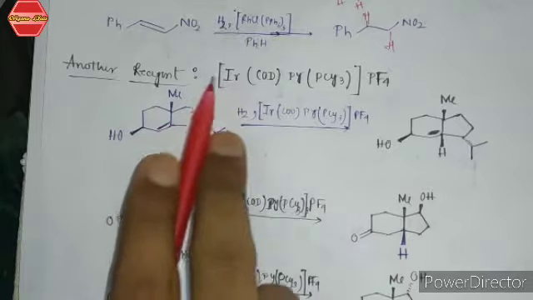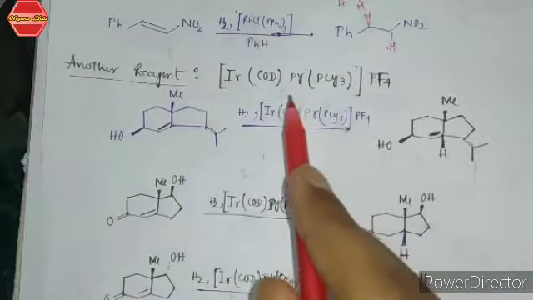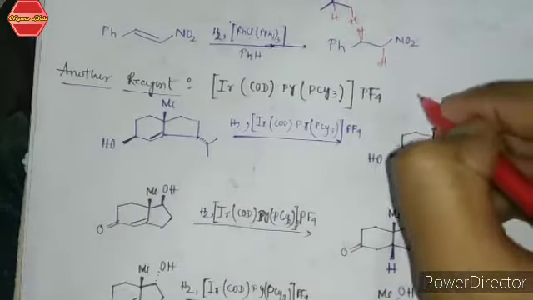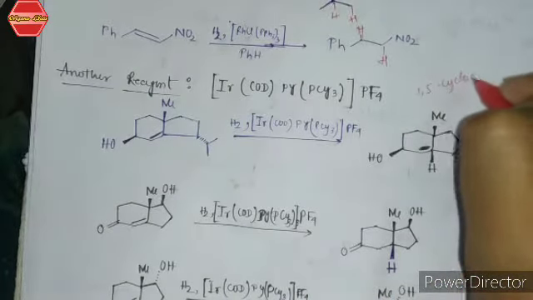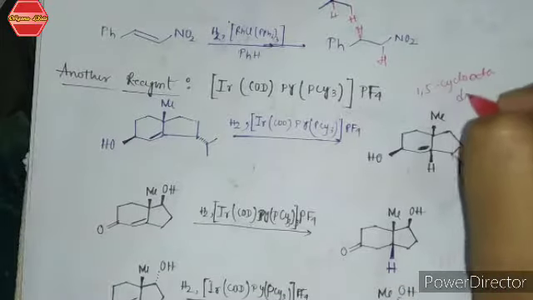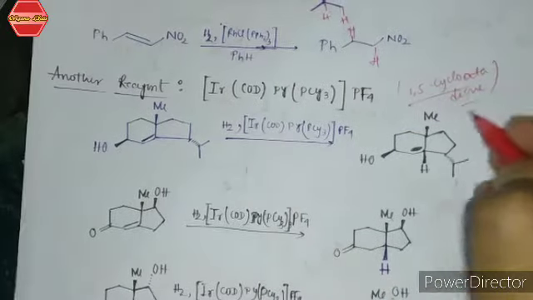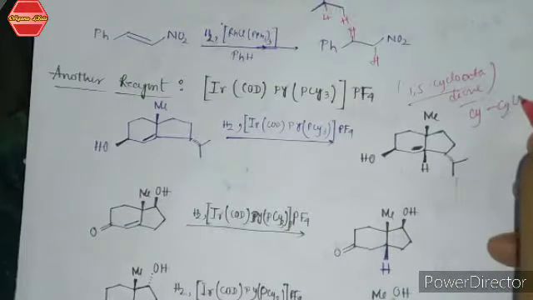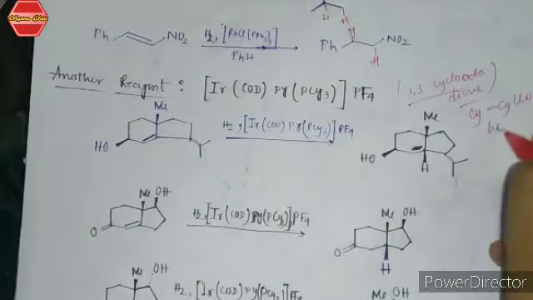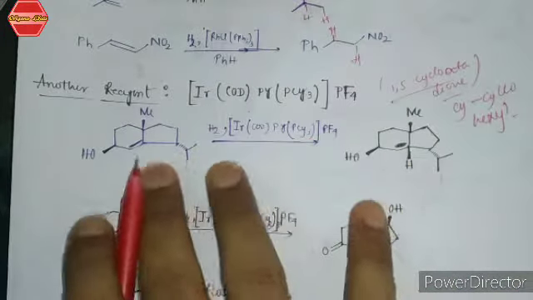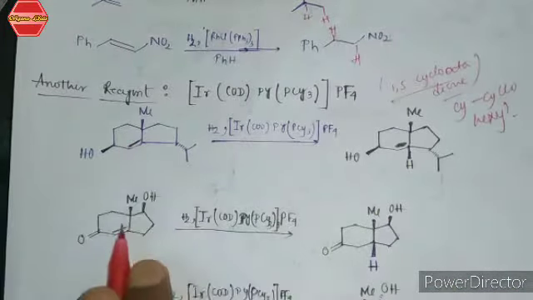This reagent is an iridium-based catalyst, iridium COD, where COD means 1,5-cyclooctadiene, PY means pyridine, and PCy means cyclohexyl. So this is your compound, and this type of compound is used to reduce this type of alkene. Here is your alkene, and here is your alkene. These alkenes are reduced by this complex.